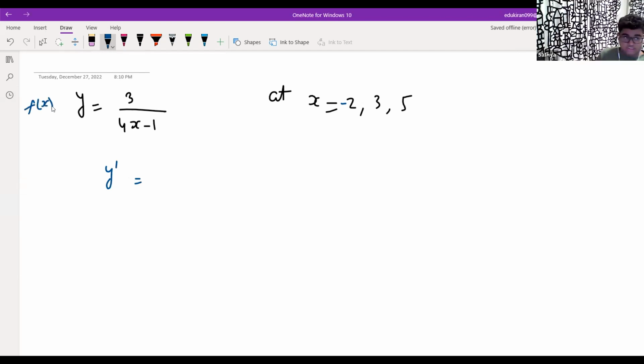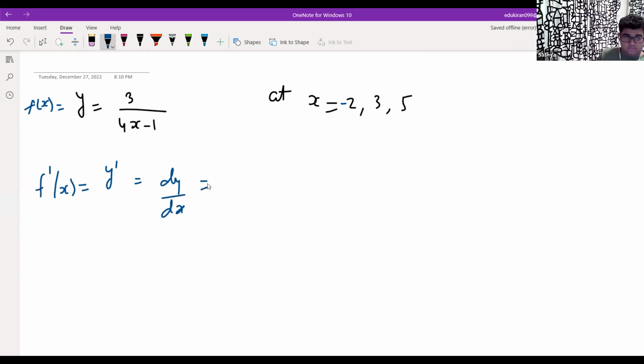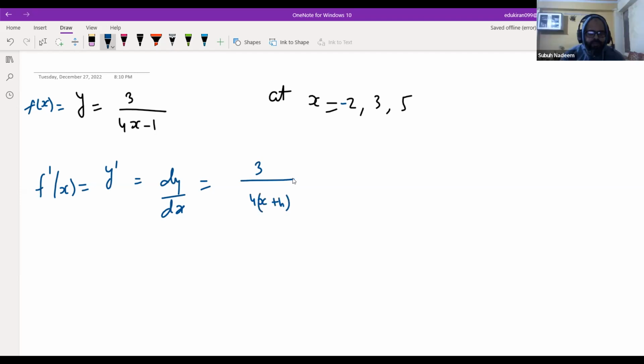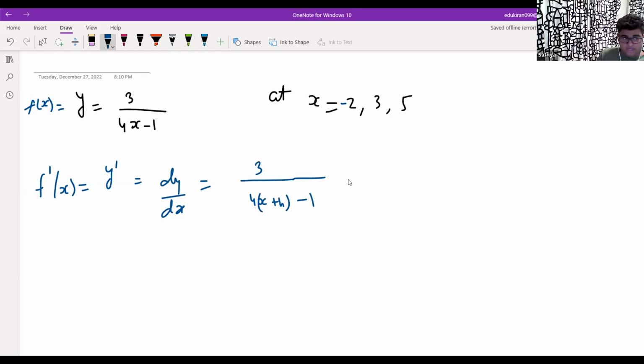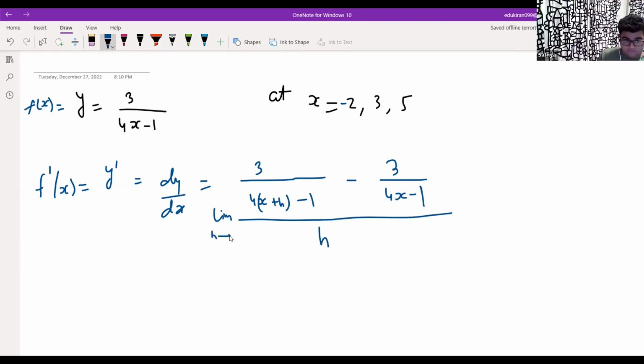Y dash is the derivative dy by dx, which is the limit of 3 by 4(x plus h) minus 1, minus 3 by (4x minus 1), all by h, as h approaches 0. So have you simplified this? What have you done next to this?